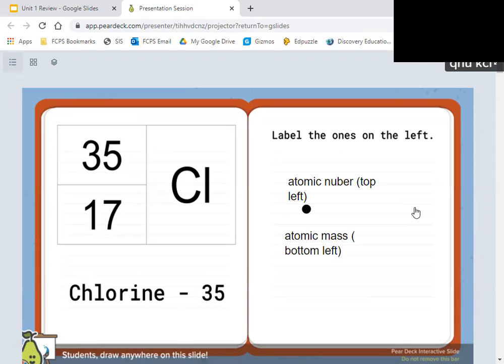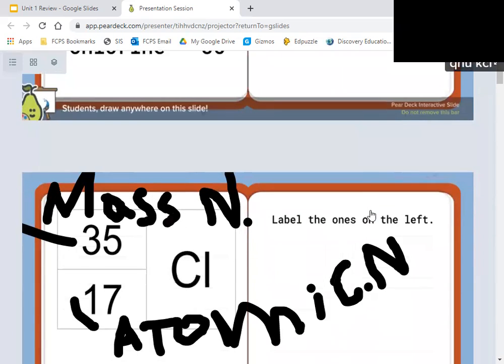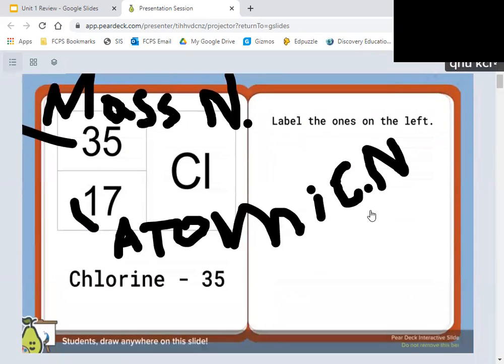It's a mass number, not atomic mass, because remember, atomic mass is when it's in decimal form. A mass number, on the other hand, is a whole number. So remember that when you are working on this. So we said mass number on the top, atomic number on the bottom left.